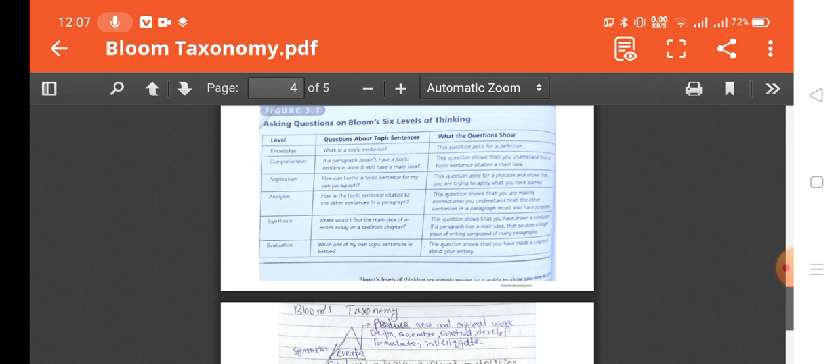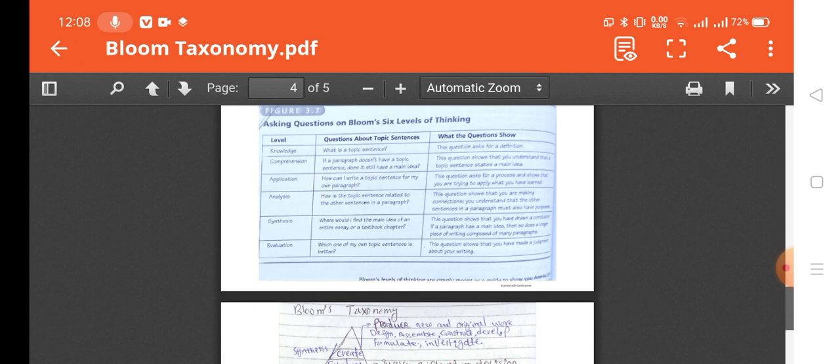At the synthesis level: where would I find the main idea of an entire essay or textbook chapter? This question shows that you have drawn a conclusion: if a paragraph has a main idea, then so does a longer piece of writing composed of many paragraphs. At the evaluation level, a question like: which one of my own topic sentences is better?